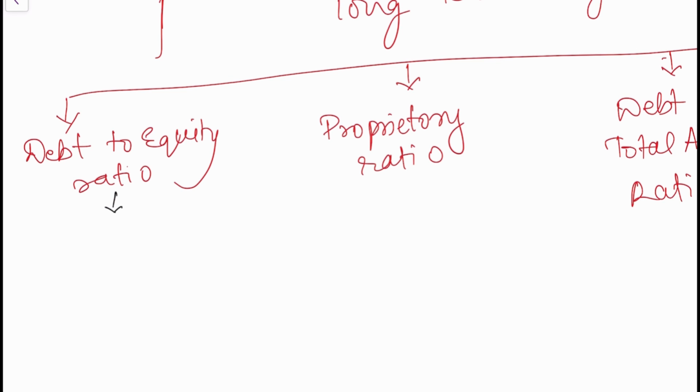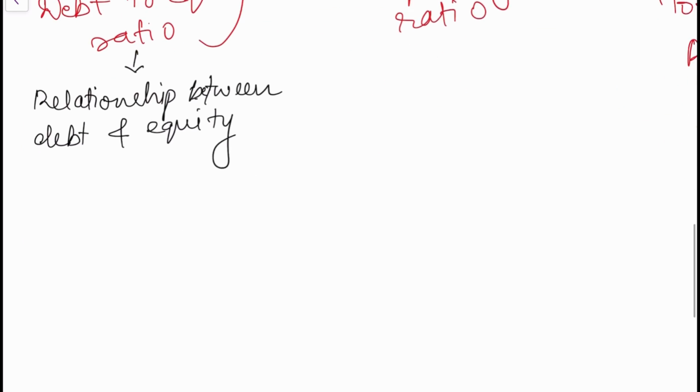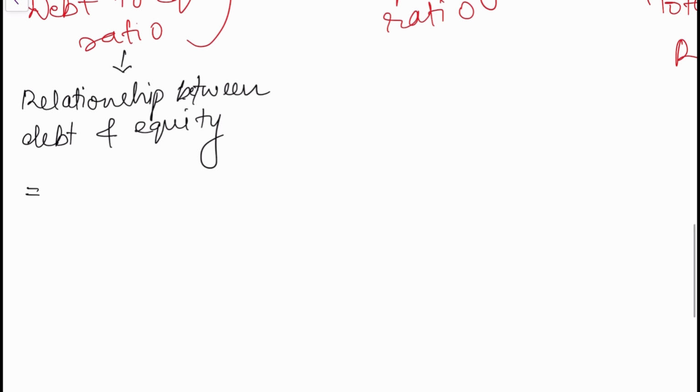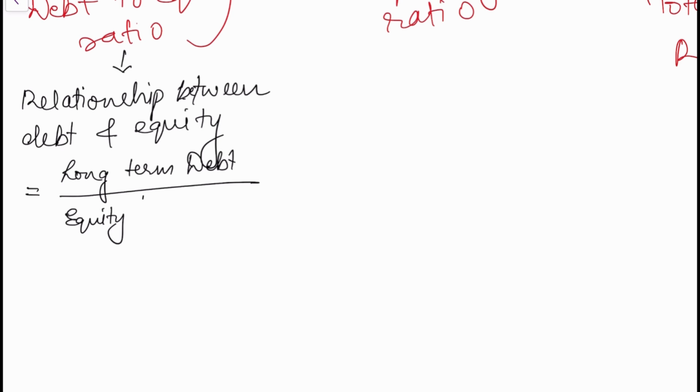Debt to equity ratio shows the relationship between debt and equity. So the formula is debt to equity ratio is equal to long term debt divided by equity or shareholders fund.